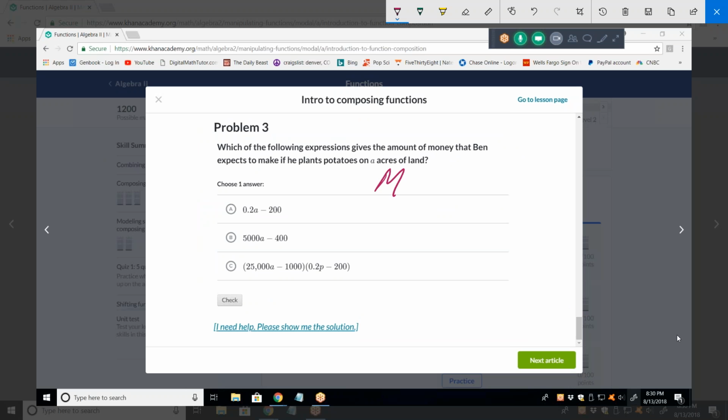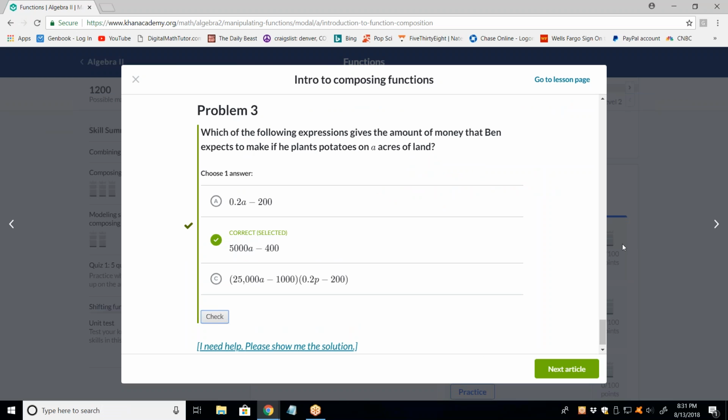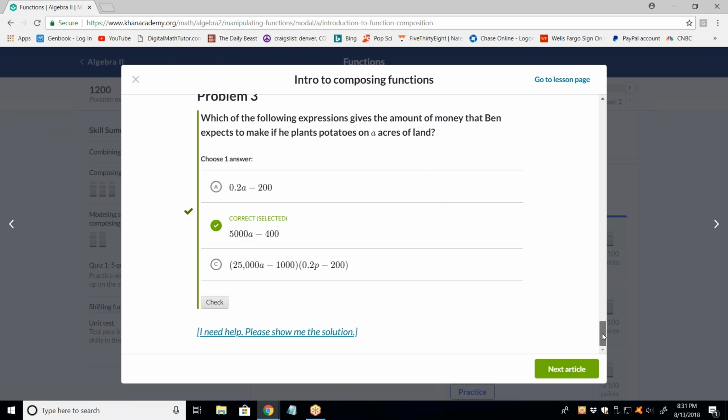So M, the amount of money you make based on the acreage, is 5,000A minus 400. Which of the following expressions... in other words, we had already answered that in the previous question.